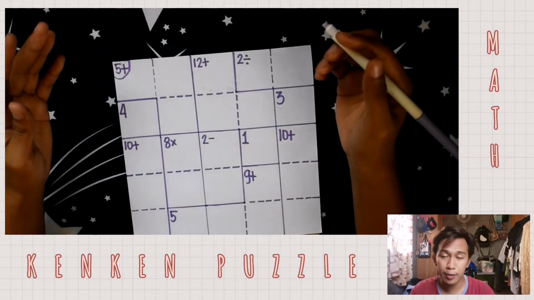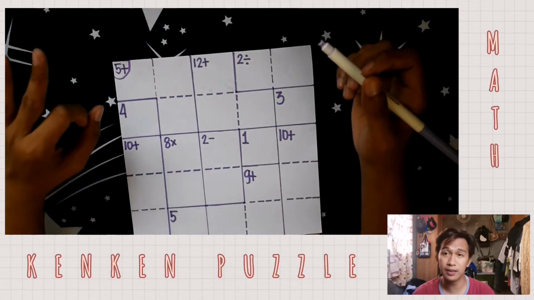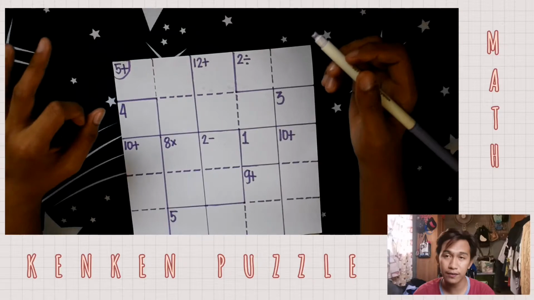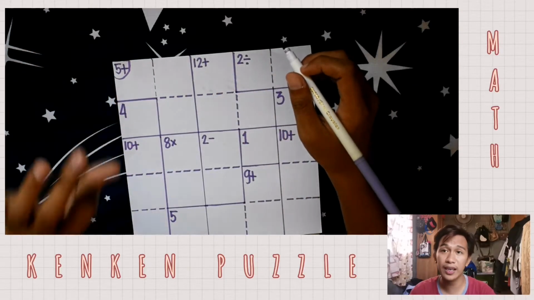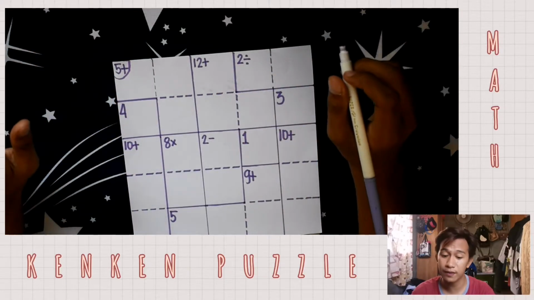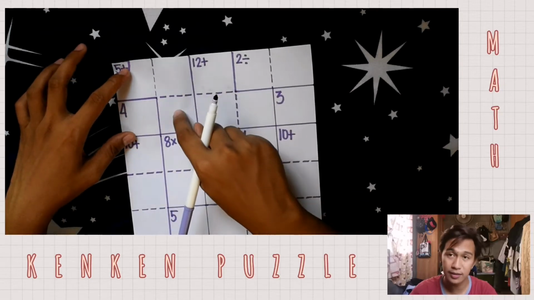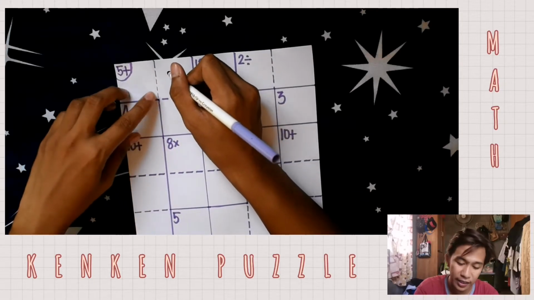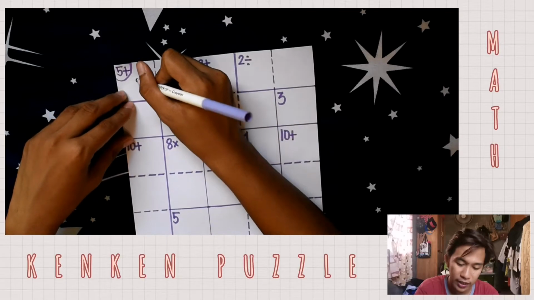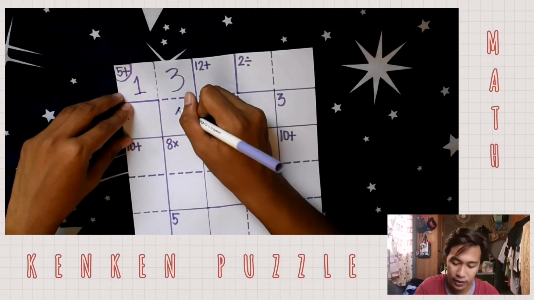So, let's think of 3 numbers that, if we add them, the answer is 5. Let's say we have 3 plus 1 plus 1 equals 5, because we are looking for 3 numbers. So let's say we have 3 here, and then 1 here, and then 1 here.